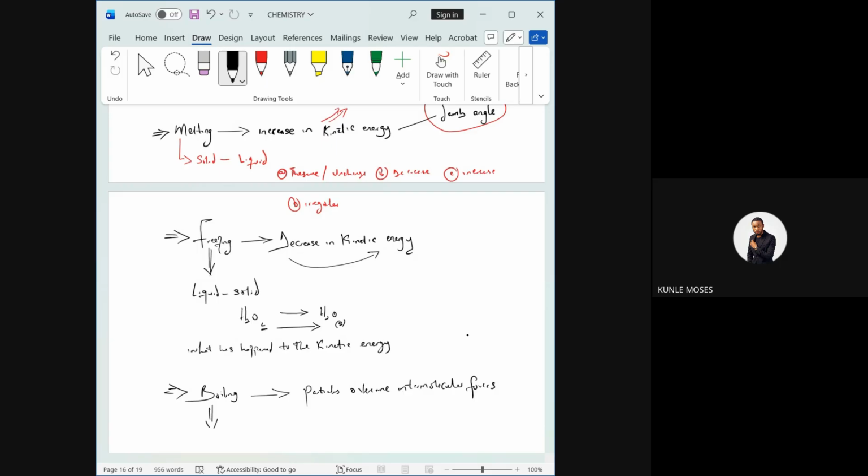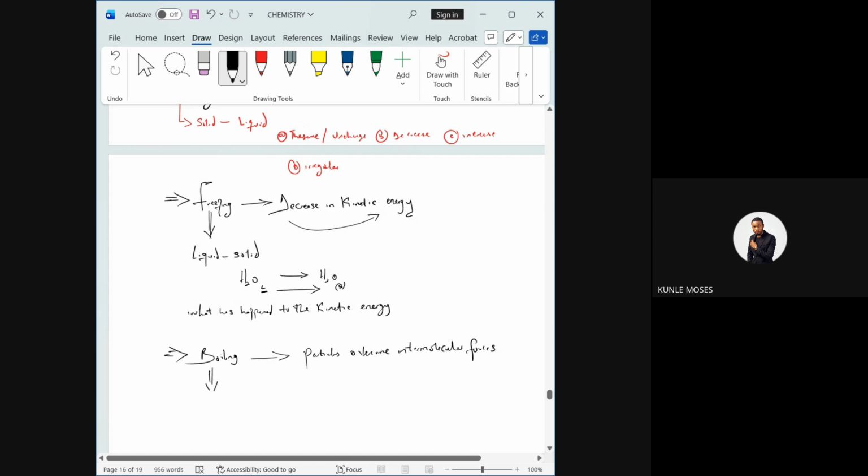From what state to what state? It's from liquid state to gaseous state. All right, thank you. From liquid state to gaseous state.